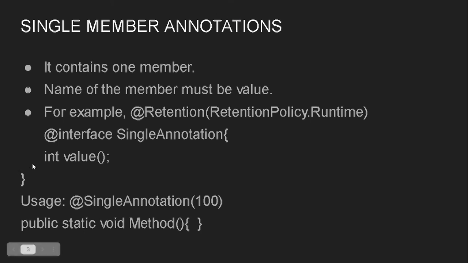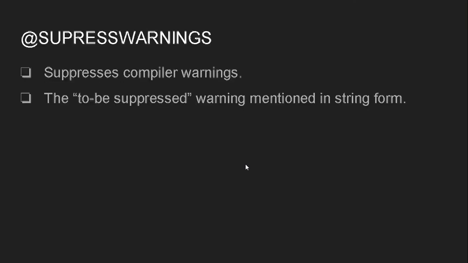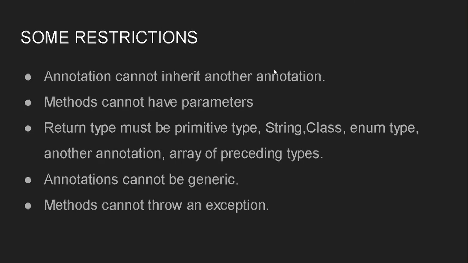So let us say here it is int value. Let us say I have defined another method, like String name. Then neither this method nor that String name method can throw an exception, because that is the rule which is defined for annotations.